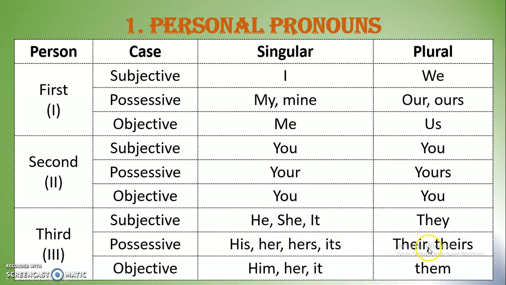And the plural form is their and theirs. Now the objective case, where the word is used as an object. I gave the pen to him. In this sentence, the object is him. I gave a ball to her. So the object is her. Singular: him, her, and it. Plural form: them. We all know very well.